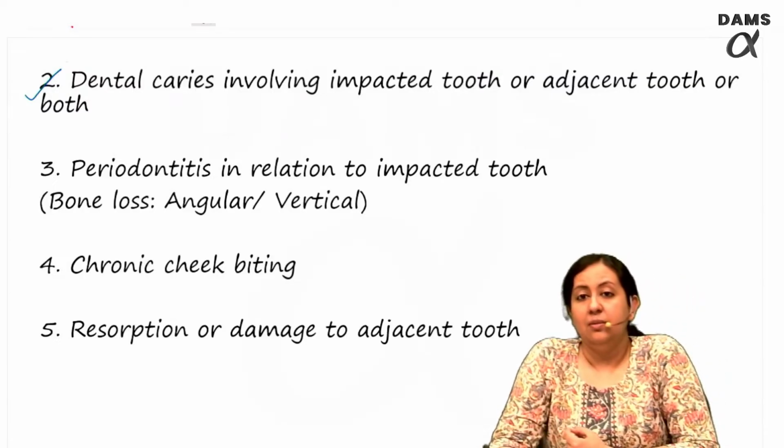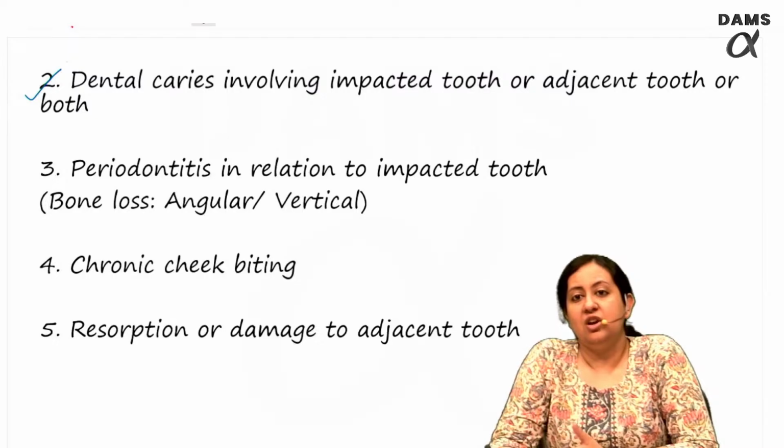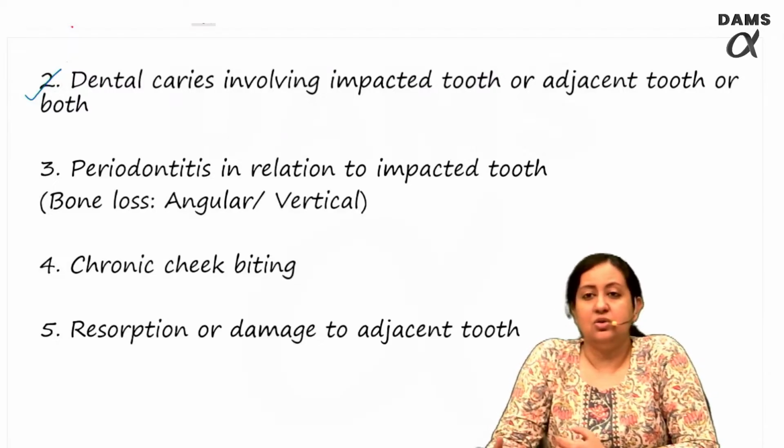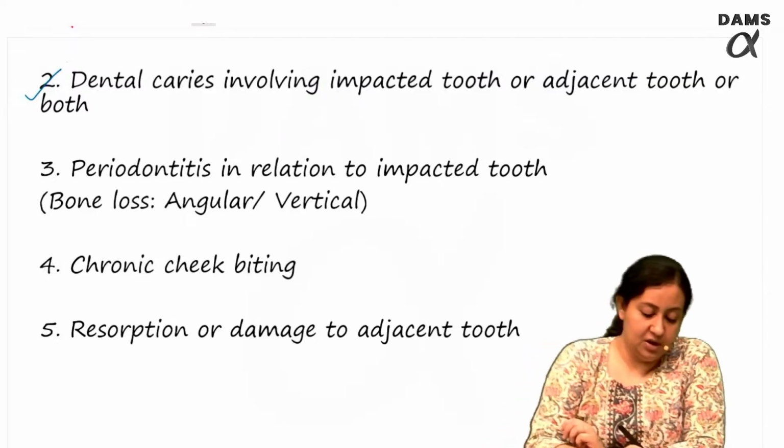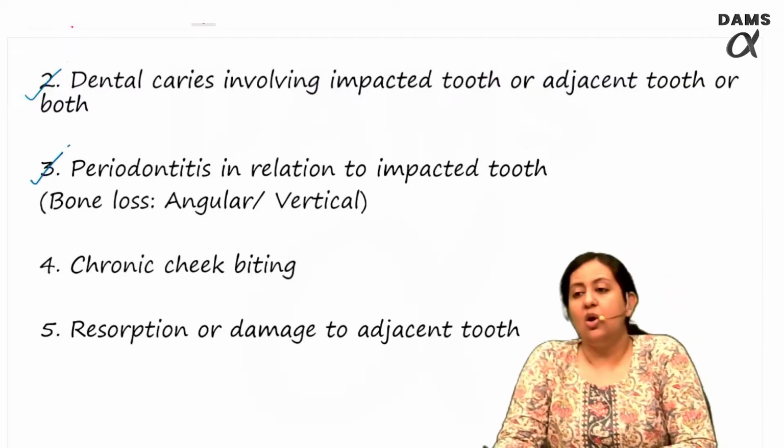Third is periodontitis in relation to impacted tooth. If you can radiographically make out any bone loss in relation to impacted tooth, then also you have to remove the impacted tooth. Chronic cheek biting.